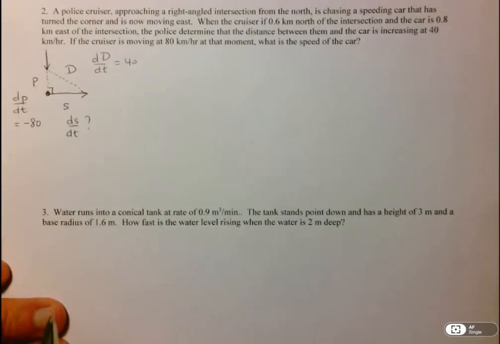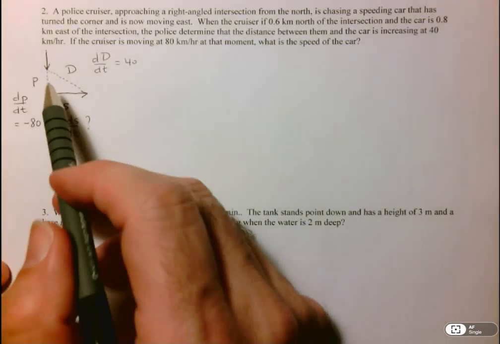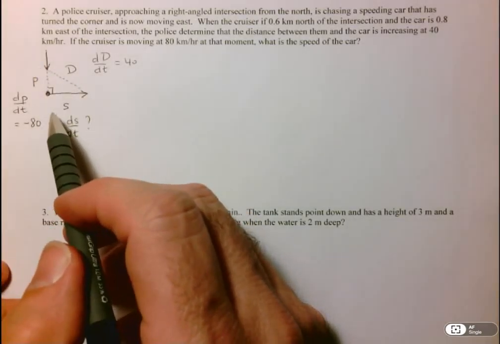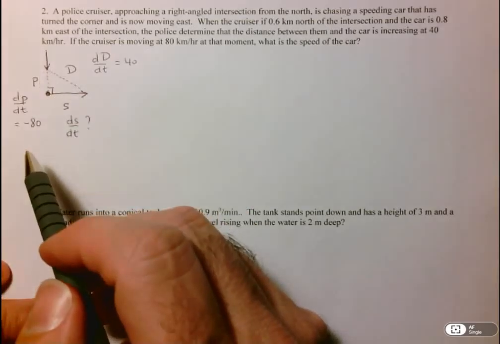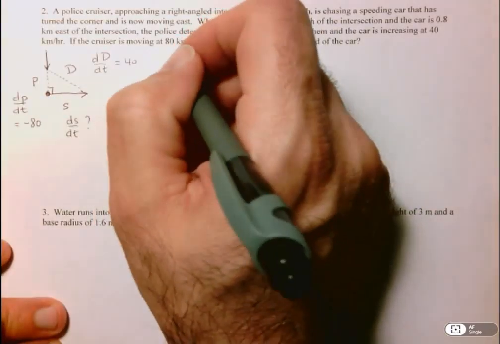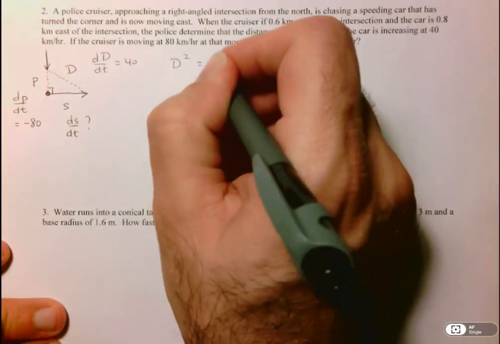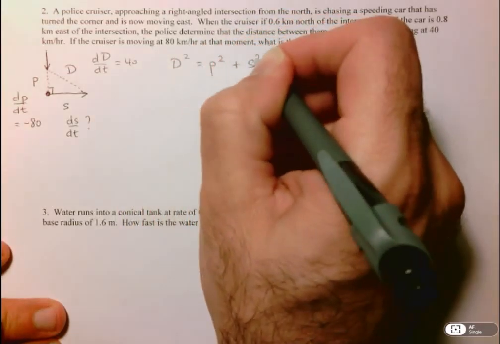So again, we have a right angle triangle, and when we want to use Pythagoras, we have to use the side lengths. So the relationship that we're going to be using is D squared equals P squared plus S squared.